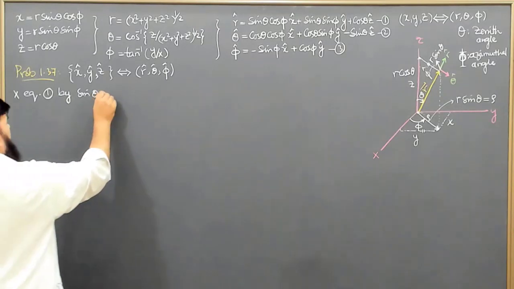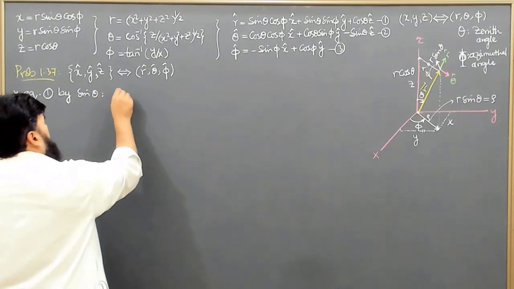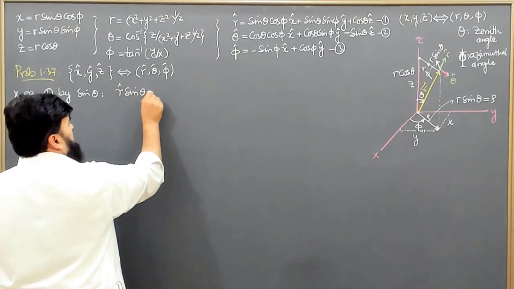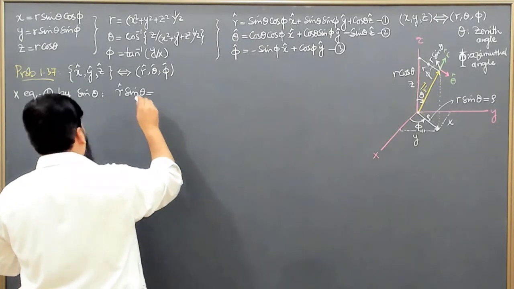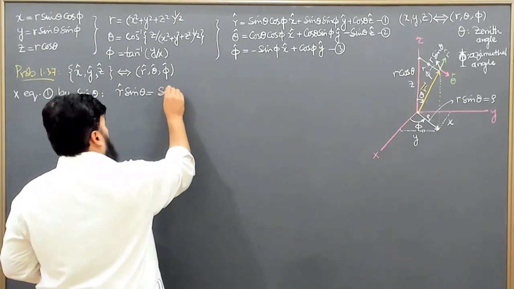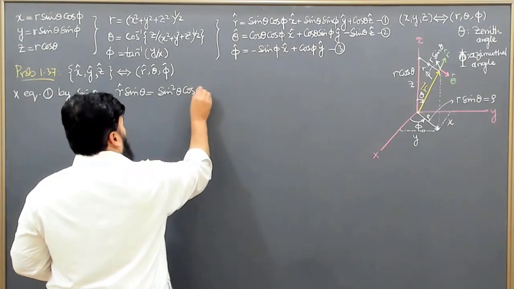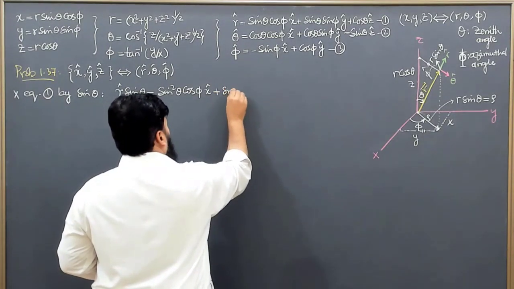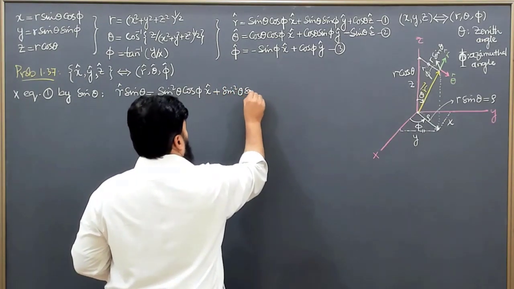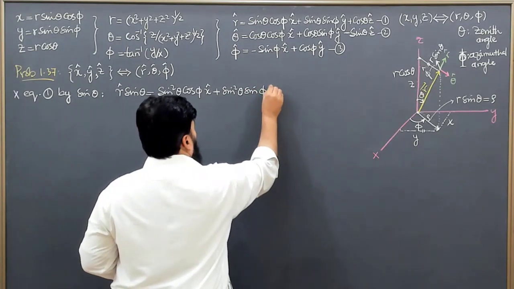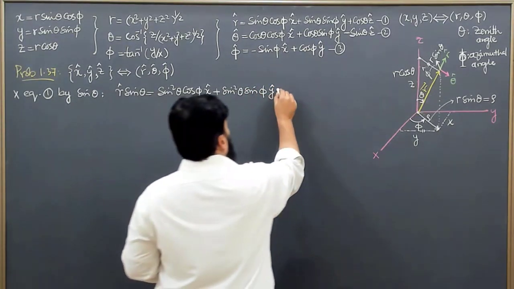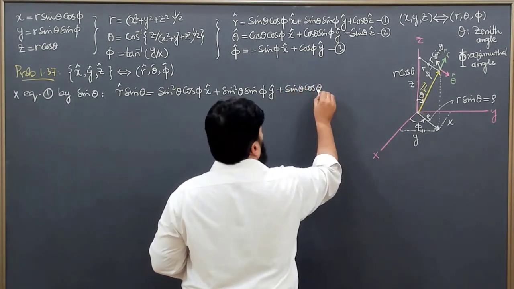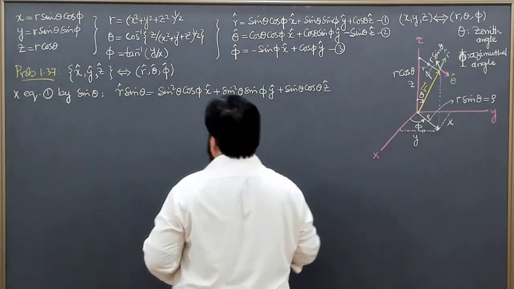When we multiply it by sine theta, we get r unit vector sine theta is equal to sine square theta cos phi x unit vector plus sine square theta sine phi y unit vector plus sine theta cos theta z unit vector.